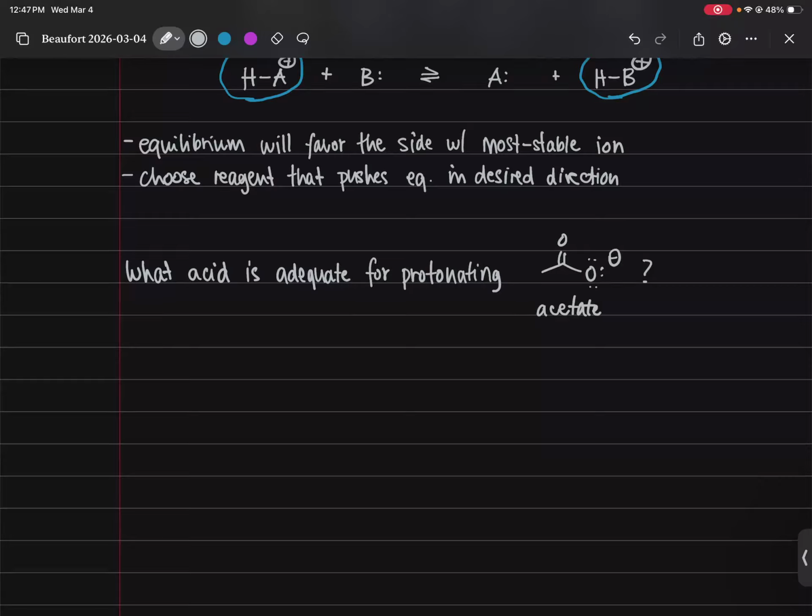Acetate's going to be our base, and so we need an acid to donate a proton to the base to make our conjugate acid, which is acetic acid. So what acid can we use?